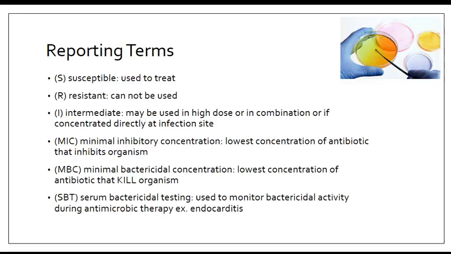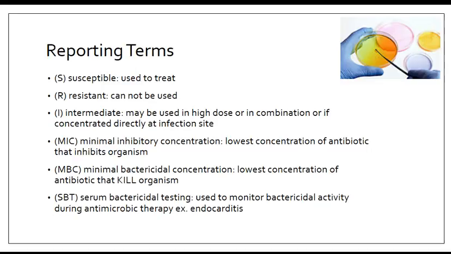It's in the middle. And these can be used. They're not used very often, but if they're used, they have to be used in a higher dose or in combination with another drug, or if it can be put directly on the infection site, like as a cream or something.